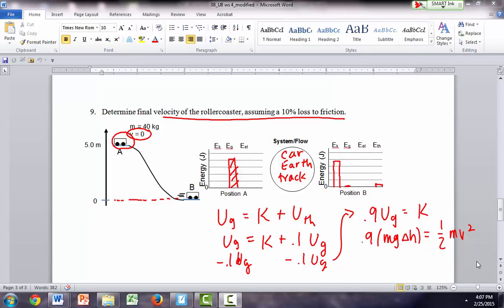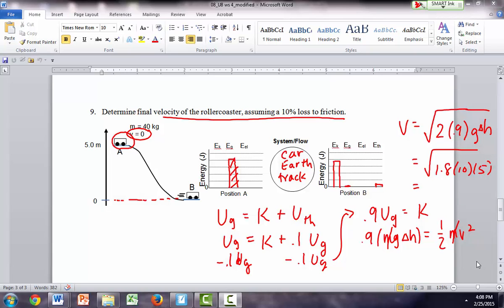And I really don't need to know the mass of my roller coaster, even though they gave it to us. So V is going to be equal to the square root of 2 times 0.9 times g delta h, which is 1.8 times 10 times 5.